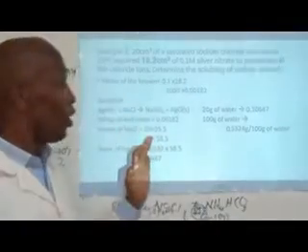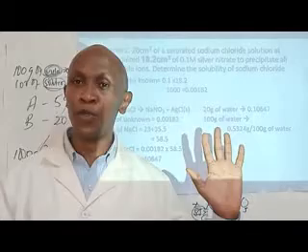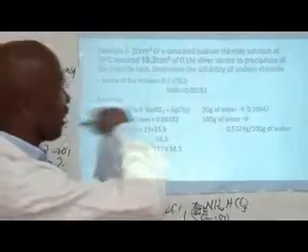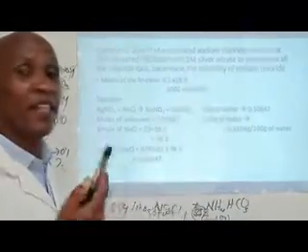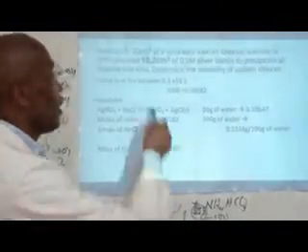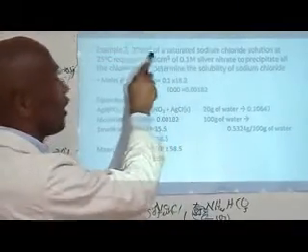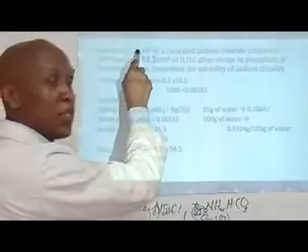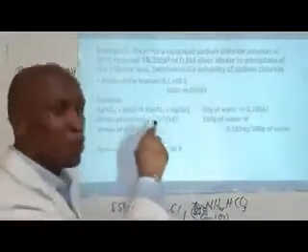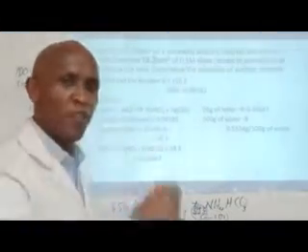Now, these moles are in the volume used. And that is the other thing that you need to watch. The volume of the sodium chloride used is 20. So the moles required should be in the volume used. Moles required are in the volume used.